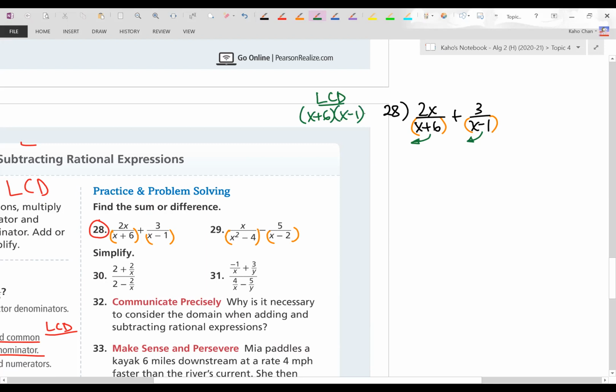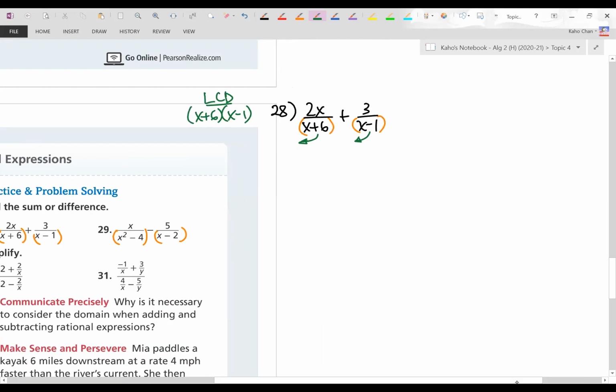So this is how you approach this problem. You need to make it so that each fraction has the LCD. If you compare the LCD with each of the denominators, they're missing something. So let's patch that in, right? Let's expand this a little bit for number 28.